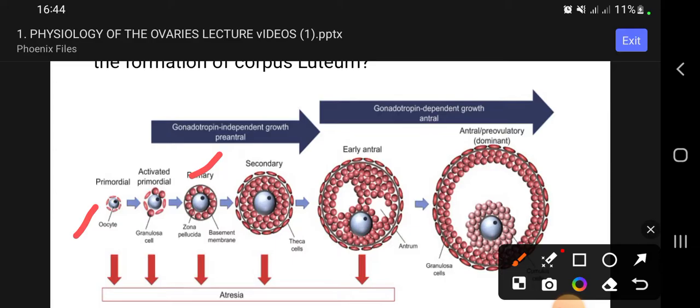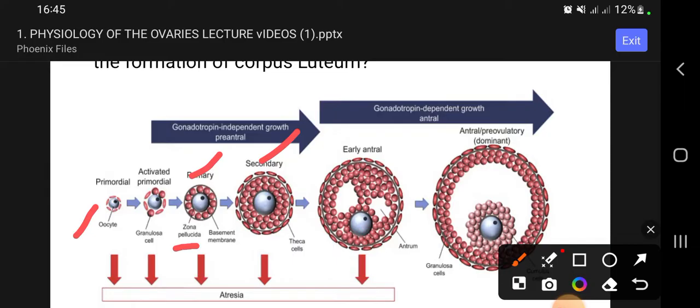The oocyte will enlarge and granulosa cells become cuboidal, beginning to proliferate. And then there will be a formation of the zona pellucida around the oocyte.